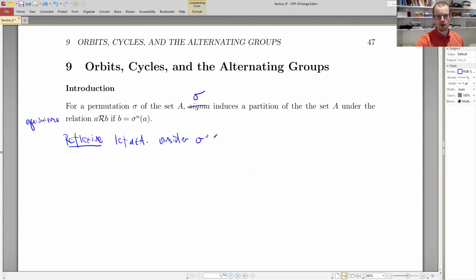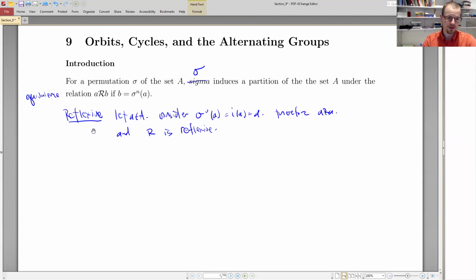Sigma to the 0 of a is just the identity permutation of a, which gives us back what we started with, a. Therefore, a is related to a, and R is reflexive. The equivalence relation is R, and we're defining it by sigma. Sigma is what is inducing this partition through the relation R.